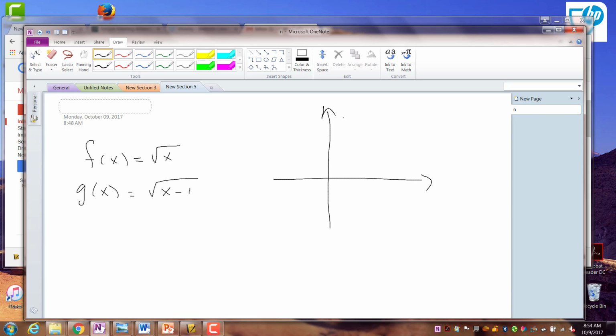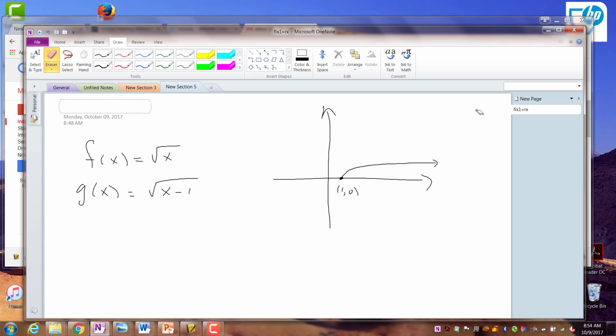So this g of x function is going to start at 1, 0, and it's going to have that same shape. Looks like a check mark. It's like the way the root is. That's what I'm trying to get you guys to remember. It looks just like the way that we make square roots, so that we can remember what these functions look like.